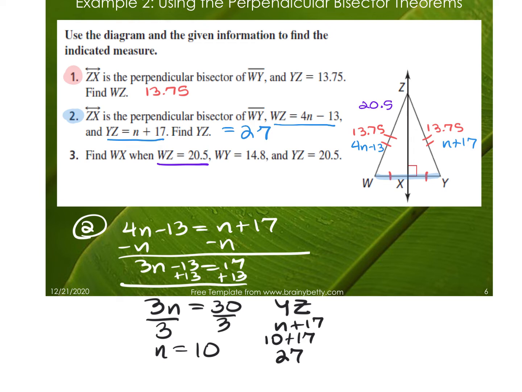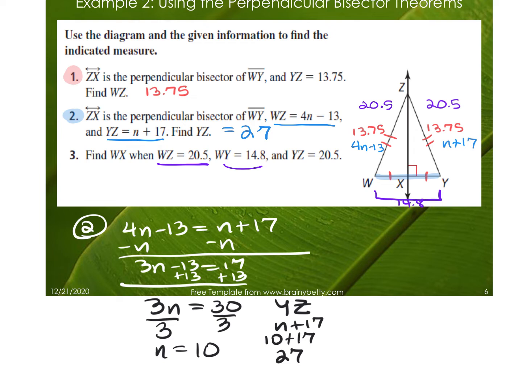And WY is going to be 14.8, and WY is down here, and it's 14.8. And then YZ is 20.5. So notice they are giving me the fact that the two segments are equidistant.